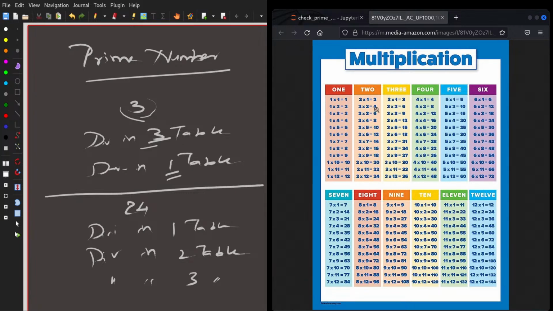When it is 4, half of 4 is 2. So in the n divided by 2 table, where n is 4, 4 divided by 2 is 2, and in the 2 table itself you can get that number, by multiplication in the n by 2 table.